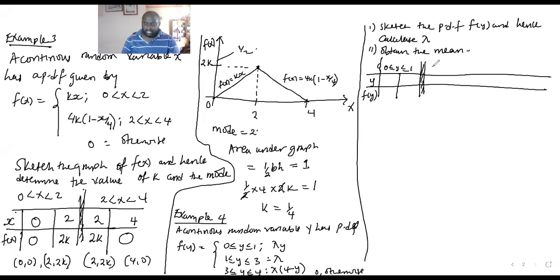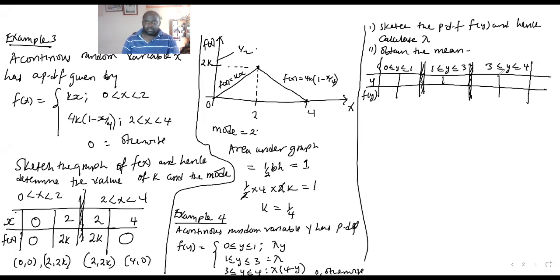And the second region has 1 less than or equal to y less than or equal to 3. Then the third region has 3 less or equal to y less or equal to 4.